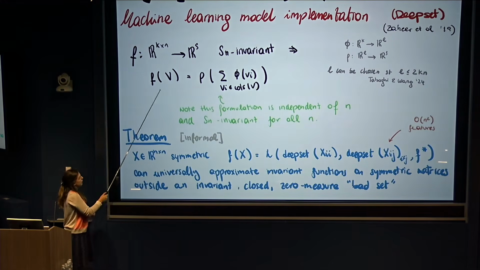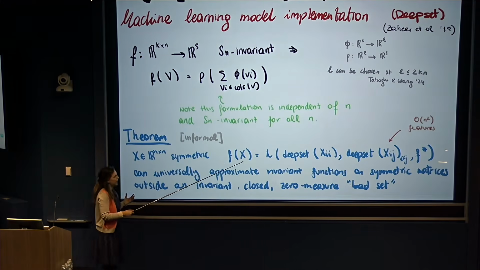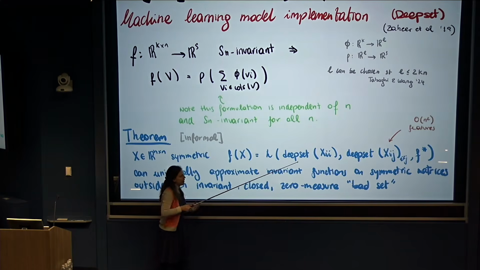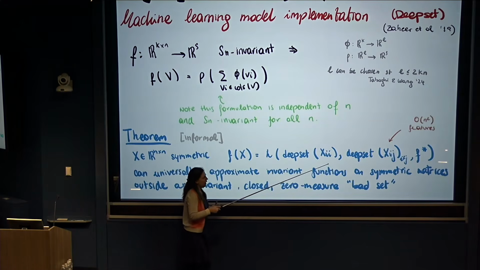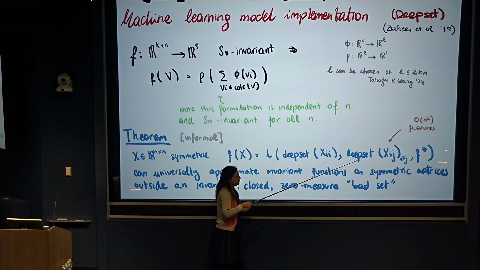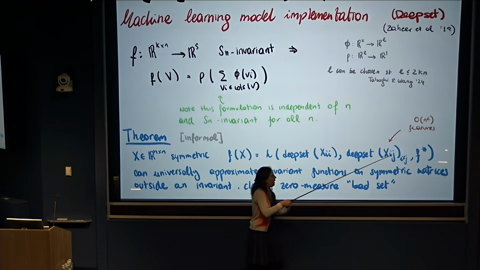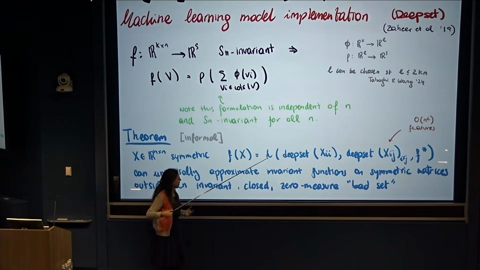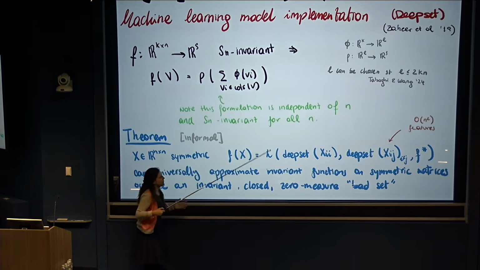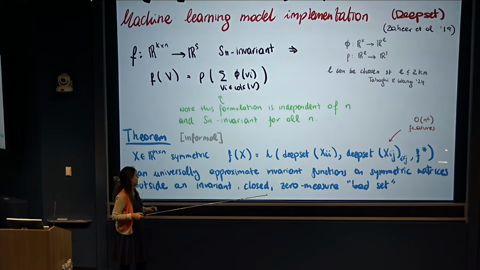So using this formulation, you can prove that the machine learning model defined as taking the deep sets of the diagonal elements, the deep set of the off-diagonal elements, and the extra f star that we added using Galois theory, a function of these objects, will approximate any invariant function on symmetric matrices with respect to the action that we cared about, so permutation of rows and columns.